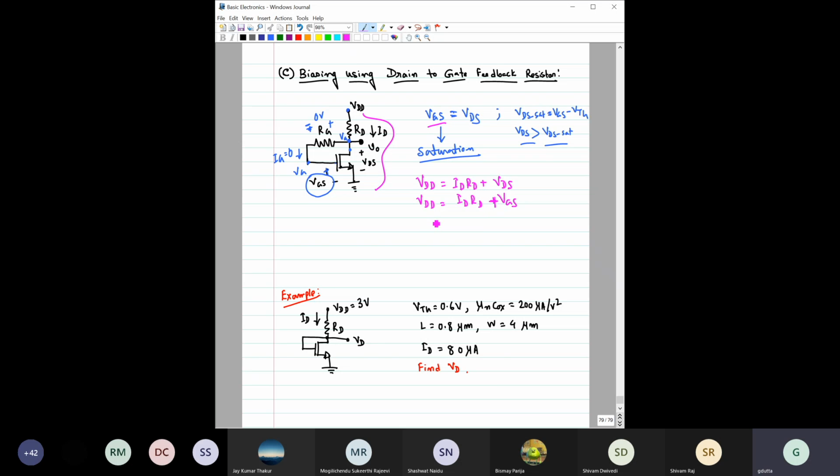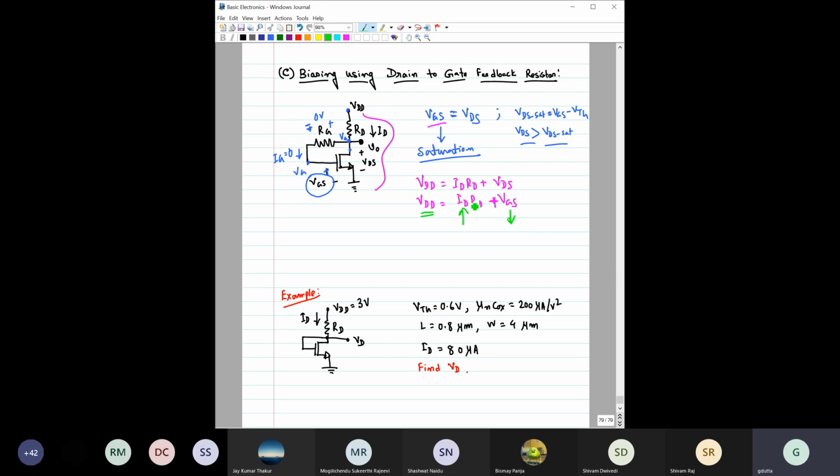Now consider the stability part. Suppose for some reason ID is increasing. VDD is fixed, so this VGS has to fall. When VGS falls, in turn it will reduce this ID.